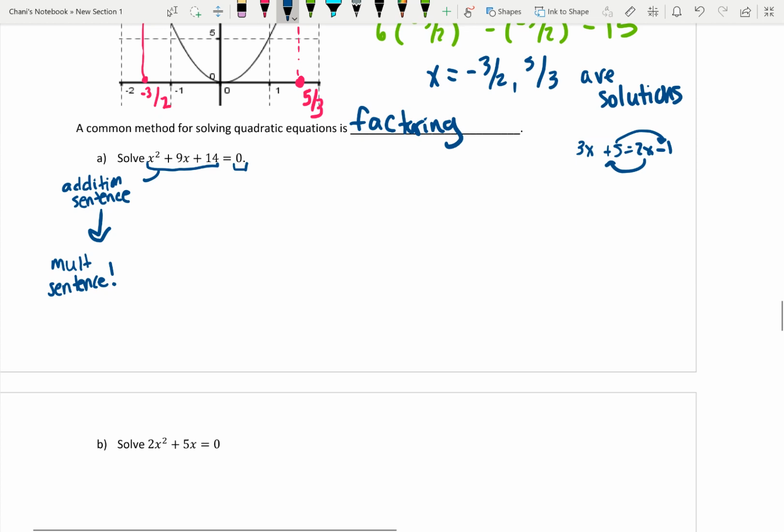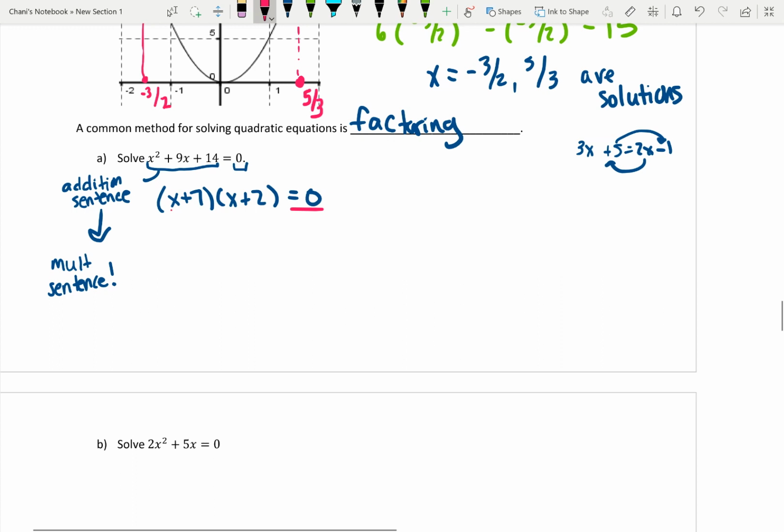So this is a simple trinomial. So we just look for the numbers that multiply to 14 and add to 9. So that is x plus 7 and x plus 2 equals 0. Now notice I carry down the equals 0 because it is an equation. This is all part of the equation.